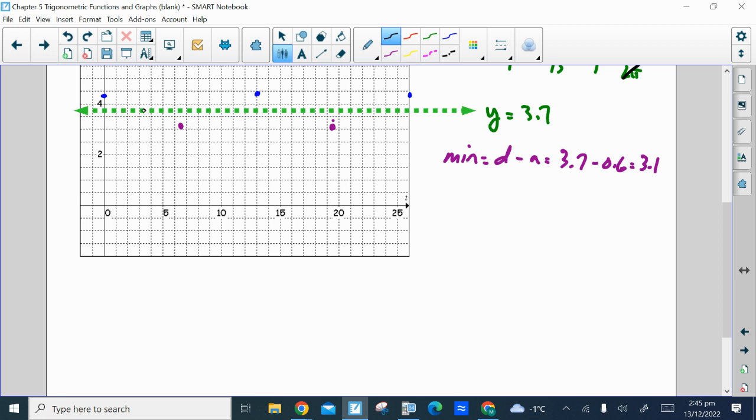Halfway between the next minimum and maximum, we'll be back at the middle, so again 3.25, and the same for the rest. So the graph looks something like that.